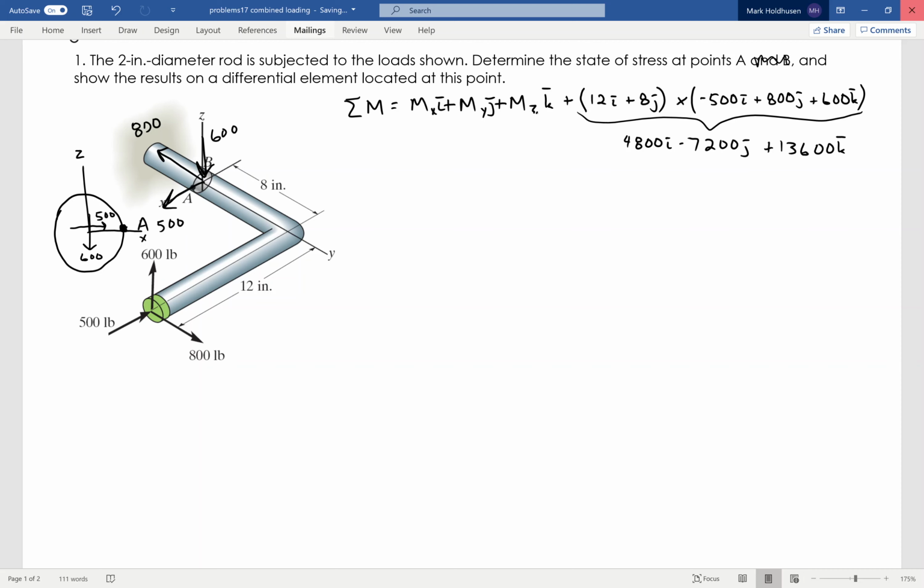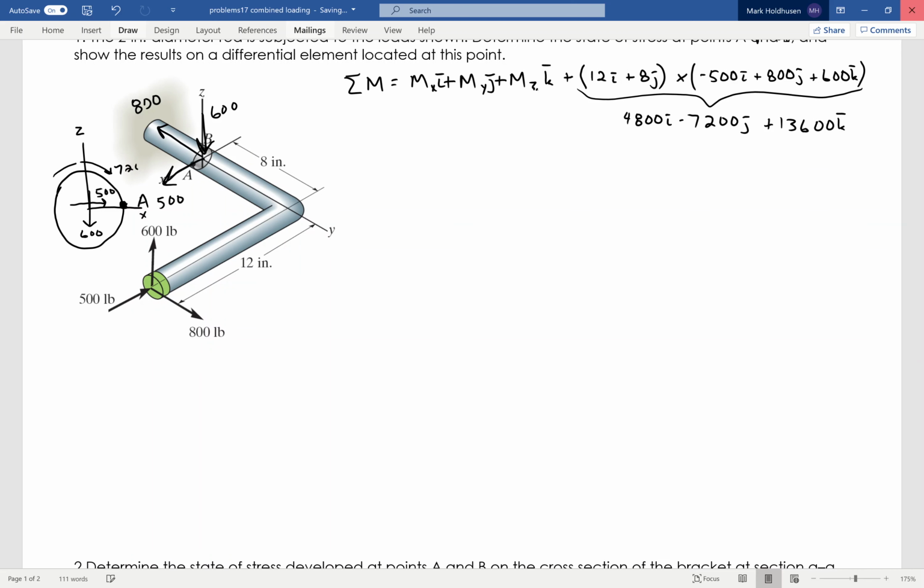Okay, so now to balance the torque that I've got around the y axis, my y axis as I look down is actually coming, I'm looking in the direction of the y axis, right? I'm looking down the y axis, right? So a negative torque will be in this direction. That's the 7,200. It will be in that direction.